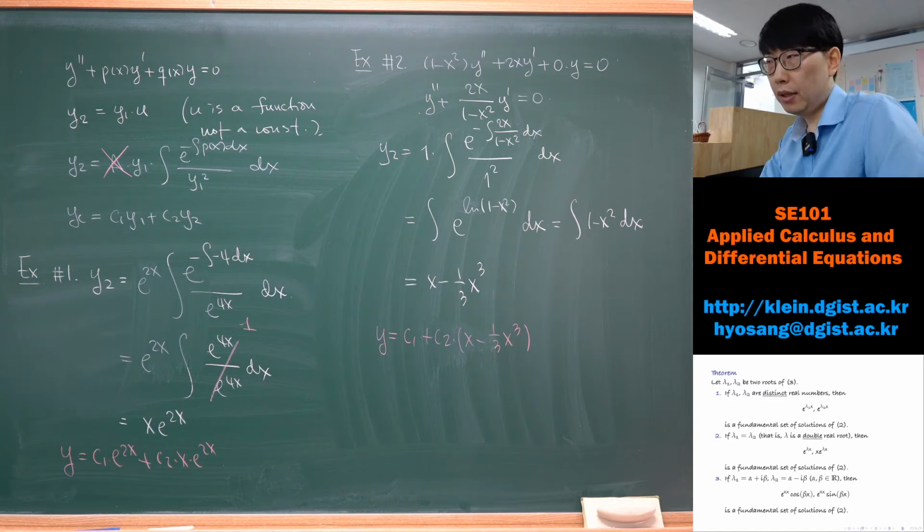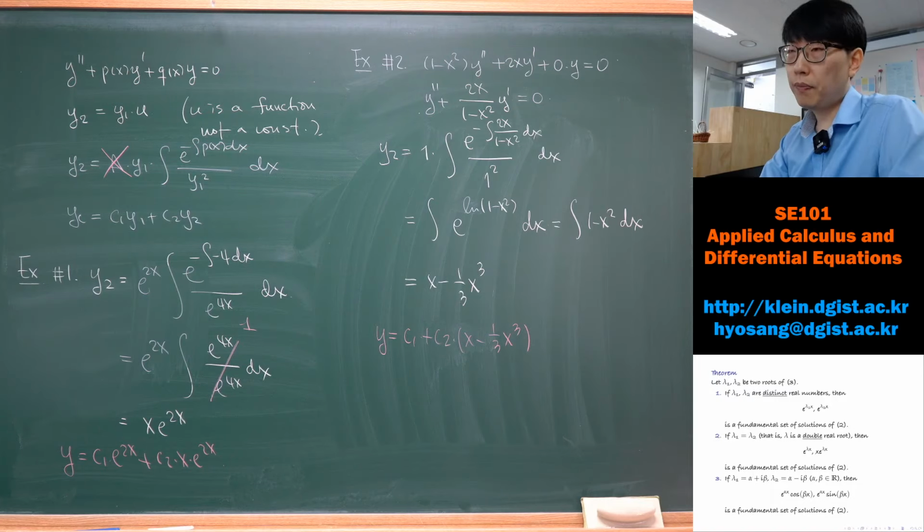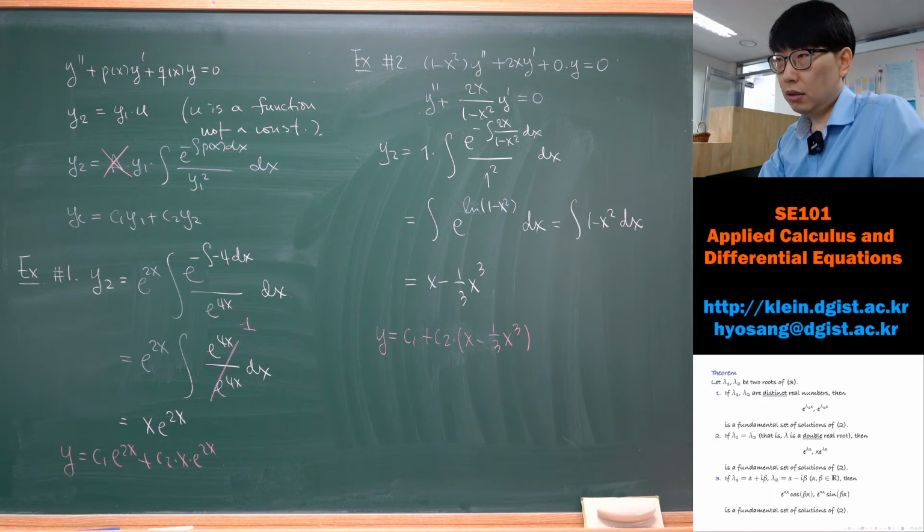Now the theorem. After I explain the theorem, let me explain why this theorem works. Let lambda 1, lambda 2 be the two roots of the characteristic polynomial, the characteristic equation. If lambda 1, lambda 2 are distinct real roots, then e to the lambda 1 x and e to the lambda 2 x are fundamental solutions of the given differential equation.